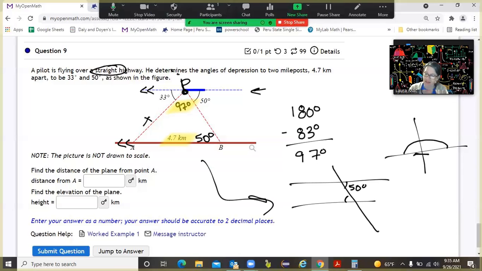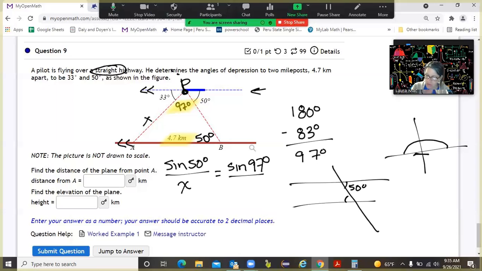So now we can set up our law of sines ratio, and we'll have that the sine of 50 degrees is to x as the sine of 97 degrees is to 4.7. And then this is all in kilometers. So then we can figure out that x is approximately 4.7 times the sine of 50 divided by the sine of 97 degrees.